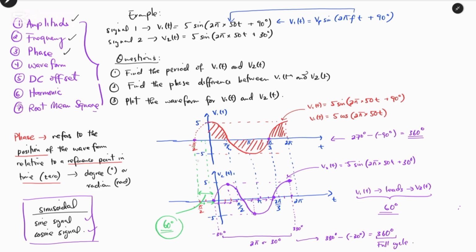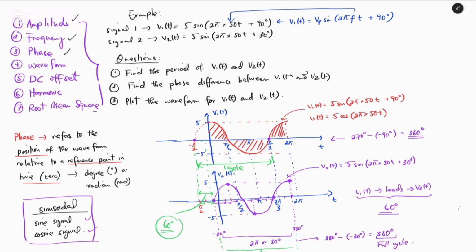And we can prove that from this region to this region is one cycle, and from this to this we have the one cycle. The only thing which is different between the two is the way they shift.